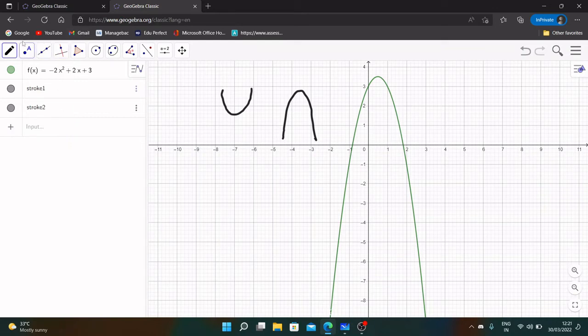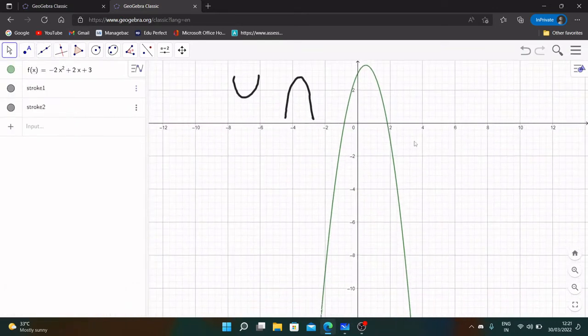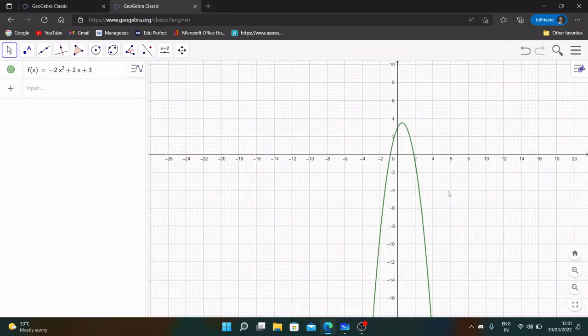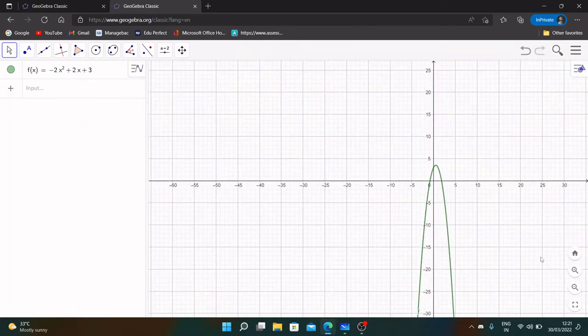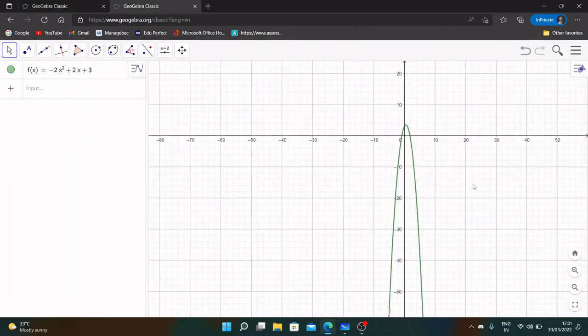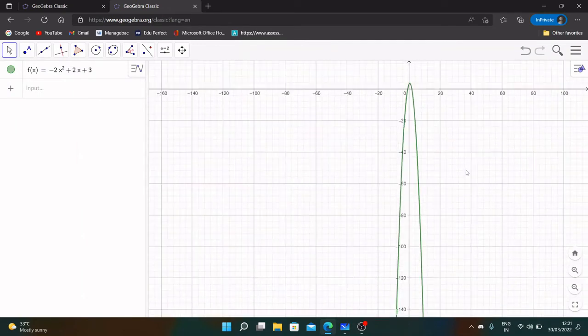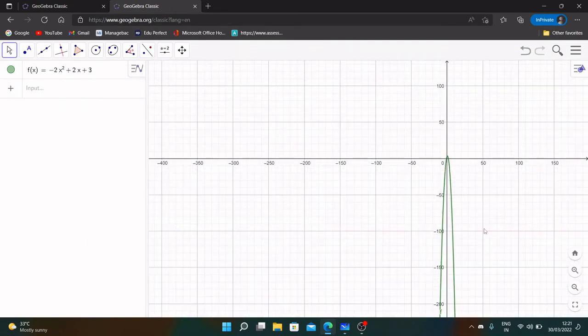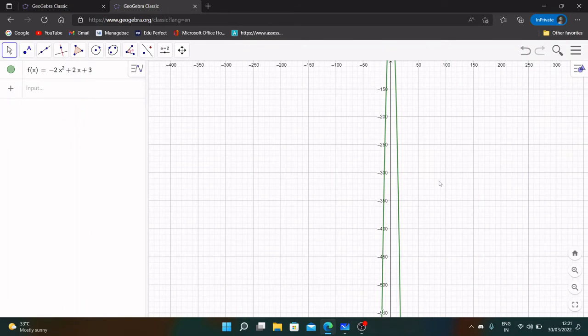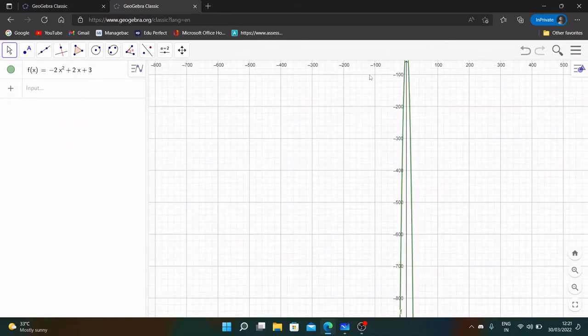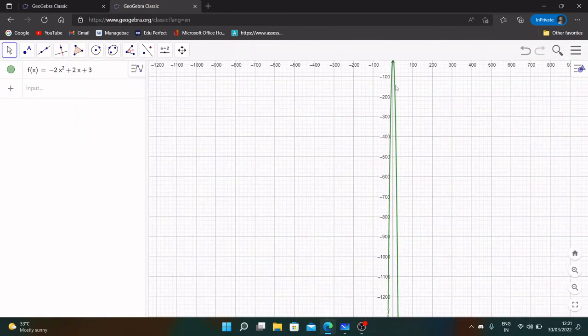Now this graph, what do you think will be its domain? We know the domain values are x and range values are y. So what are the possible x values we can have? Let me zoom out so that you get a better idea. Do you think the parabola is going to end at a point? The x values keep growing and the y values keep growing.